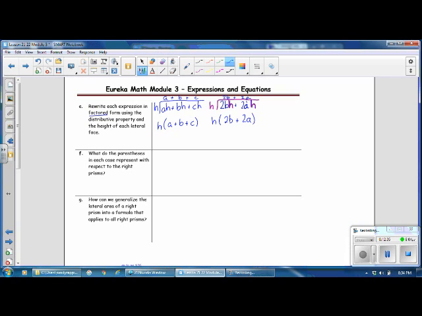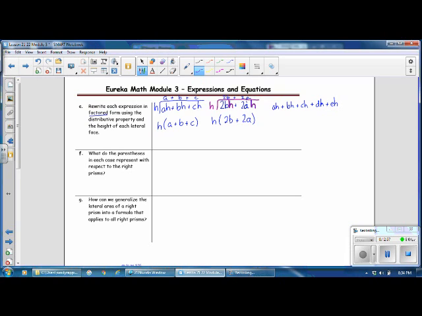Then we had the right pentagonal prism, and that one had a lateral area of AH plus BH plus CH plus DH plus EH.